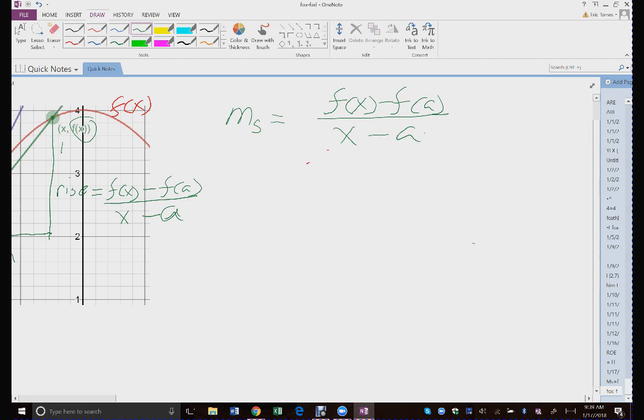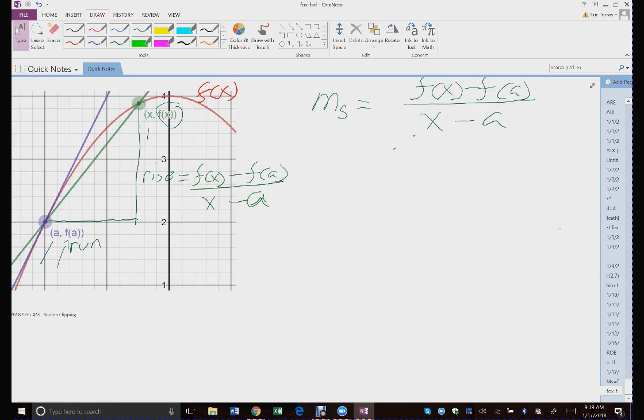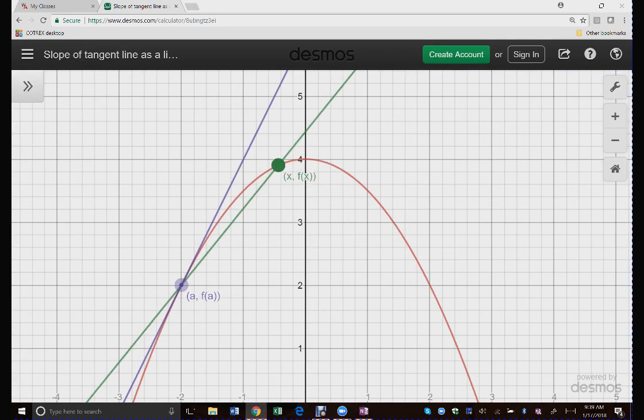Now, our point earlier was as the second point gets closer and closer to the first point, the secant line gets closer and closer to the tangent. And it doesn't matter whether it's approaching from the right or approaching from the left.